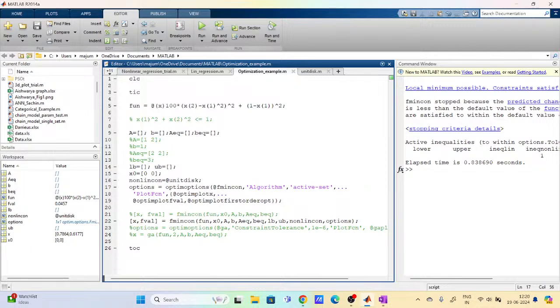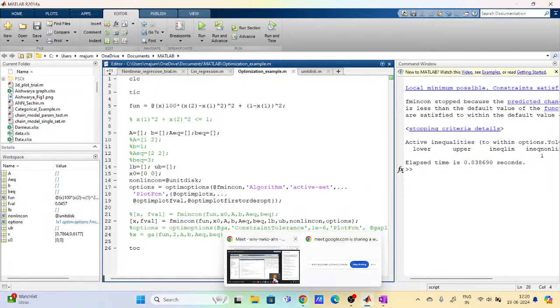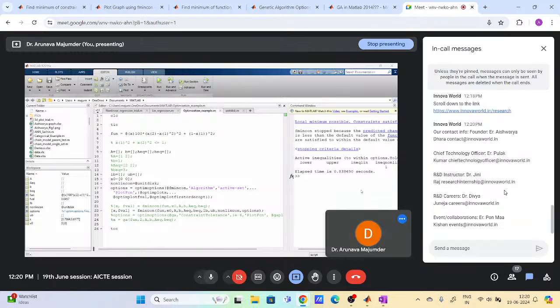So you can use this very simple tic and toc function. Before starting the program just use tic, and at the end use toc, and the elapsed time can easily be calculated. Understood? If you have any doubt or question, write it down in the chat box.